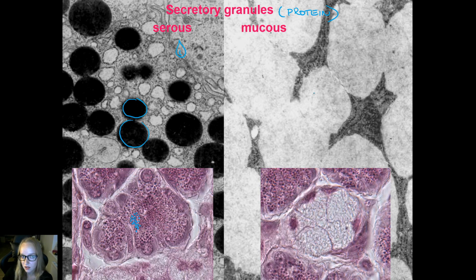They're light, very electron-lucent, and they really fuse together. They have very dense secretions, which form on the surface, and it's called mucus. So there is mucus on the inside of these granules.